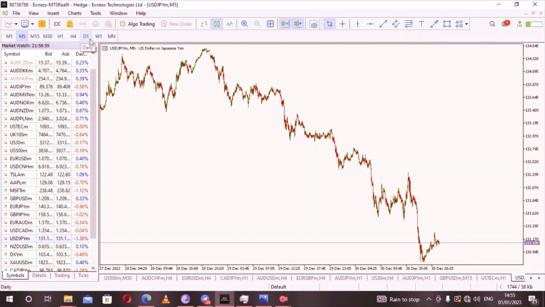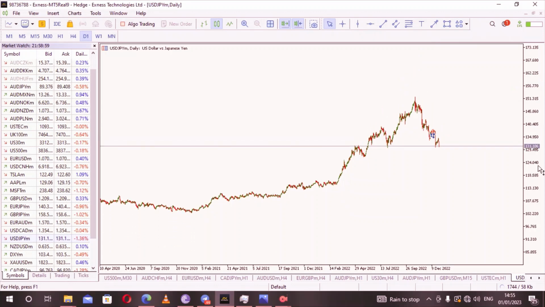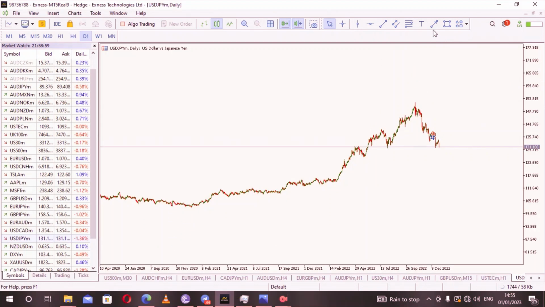We're going to go first to a daily time frame because I want to capture the persistent trend right now. As we can see, guys, the market has been in an uptrend. The market has been going up for some time, until it broke this uptrend. I usually use a channel that helps me know where the market is most likely to make a U-turn.